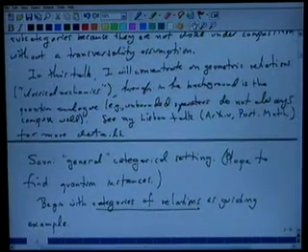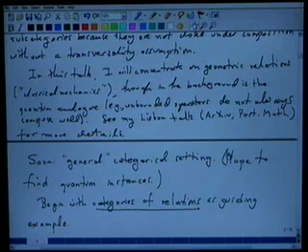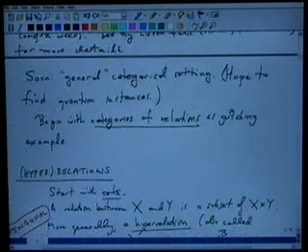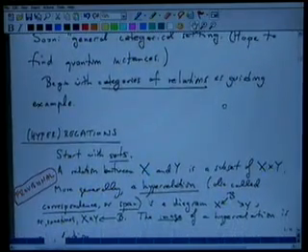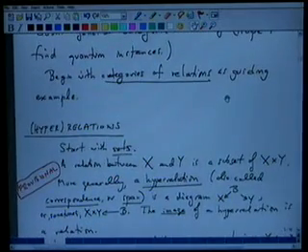So as I said, I'll go soon to a general categorical setting, but I want to begin with categories of relations as the guiding example. So we'll start with sets, and a relation between two sets is just a subset of their product.